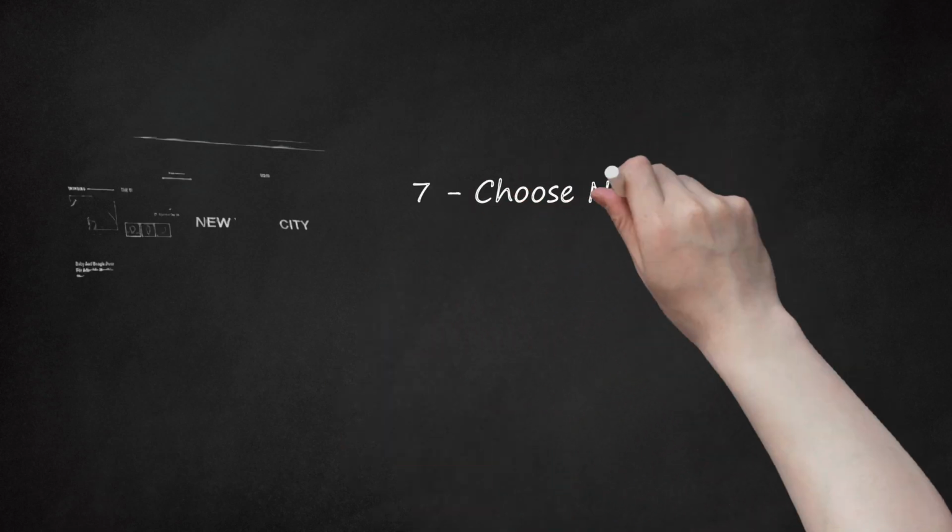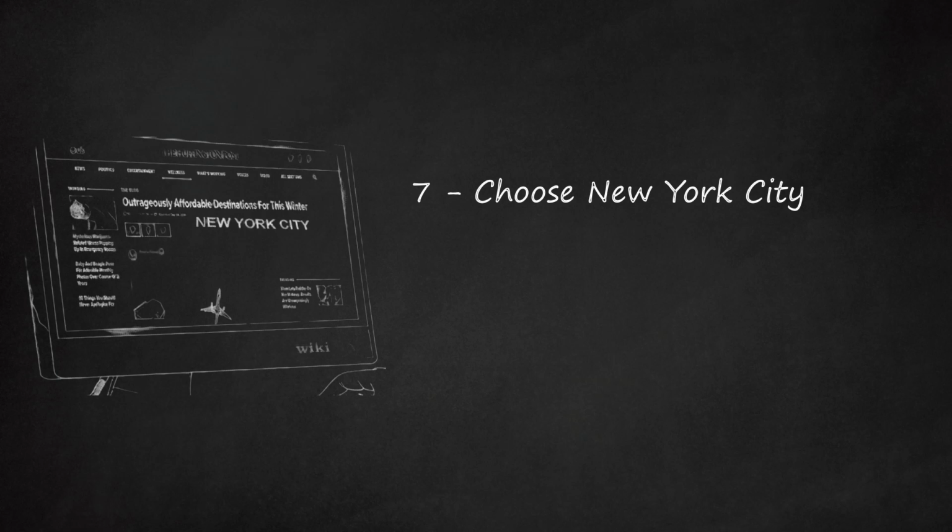7. Choose New York City. New York City is much cheaper during the winter months. You can find somewhat lower prices just before the winter holiday season and significantly lower hotel rates between January and March. You can find cheap hotels during Hotel Week New York City, which runs from the 3rd to the 15th of January.